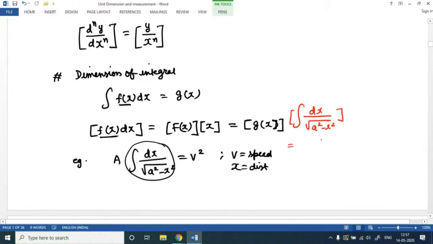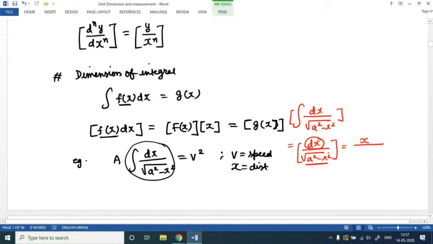So you should realize its dimension would be the same as dx upon root under a square minus x square. The dimension of dx would be the same as x, and the dimension of a square minus x square would be the same as the dimension of x square over here. And the dimension of root under x square would be the same as the dimension of x.